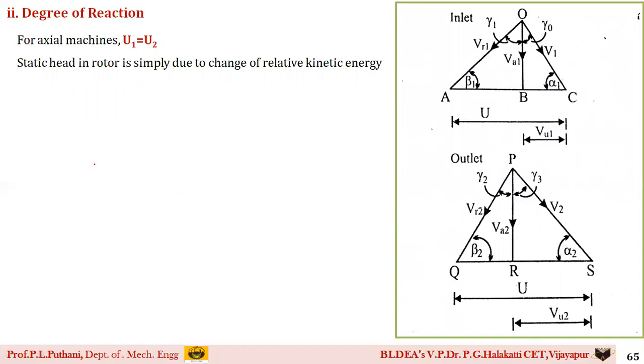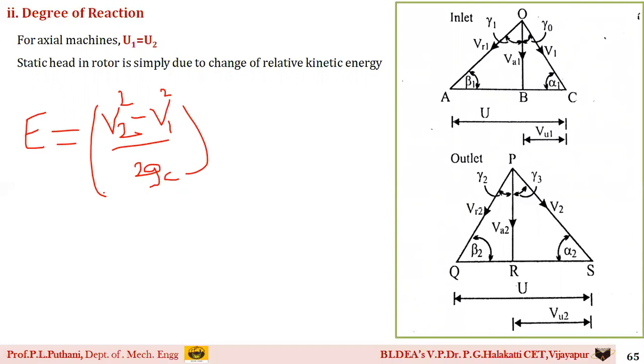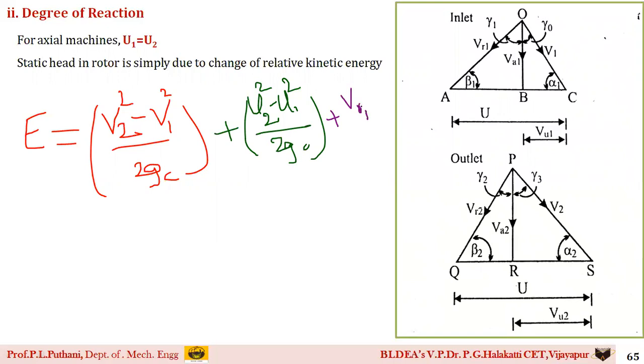For power absorbing machines, we write E is equal to V2 square minus V1 square by 2GC plus U2 square minus U1 square by 2GC plus VR1 square minus VR2 square by 2GC.